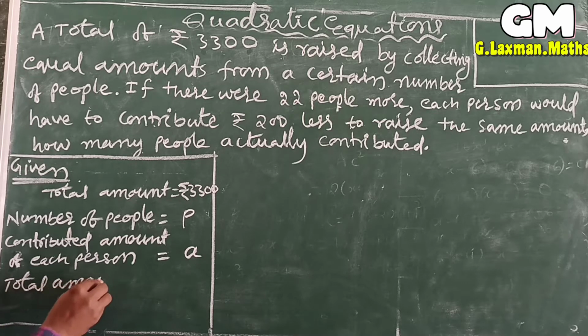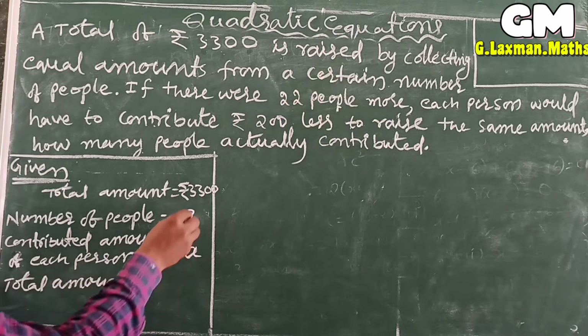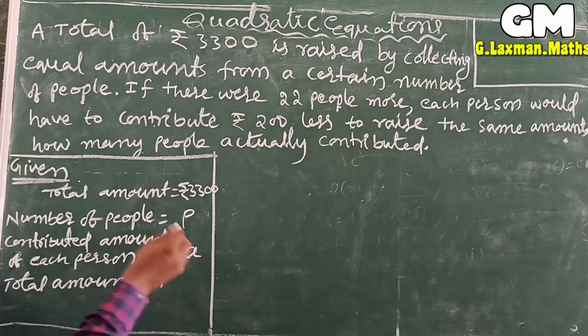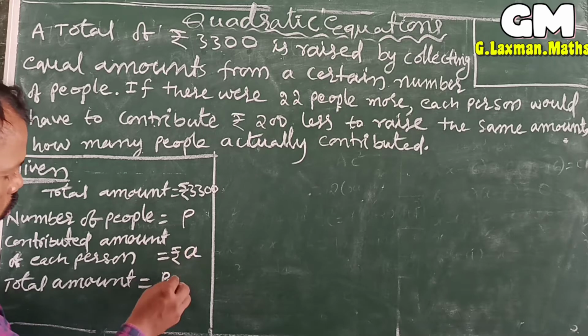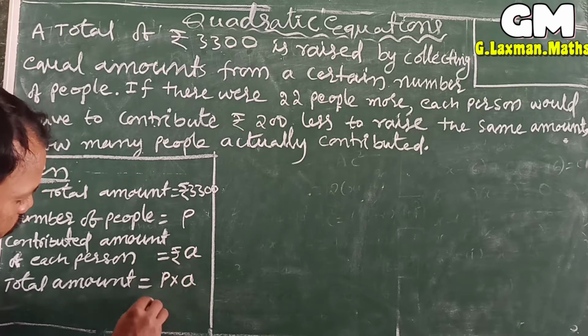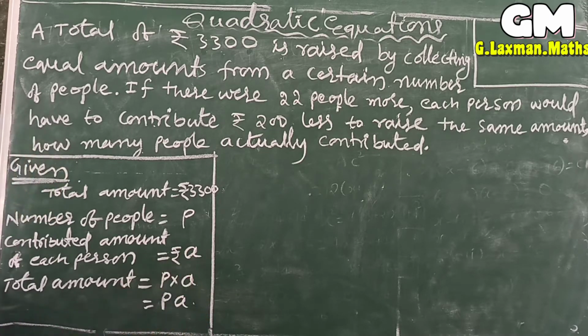To get the total amount, simply the number of people P, and each person contributed A rupees, so P into A, that is equal to PA.